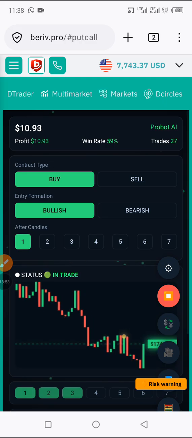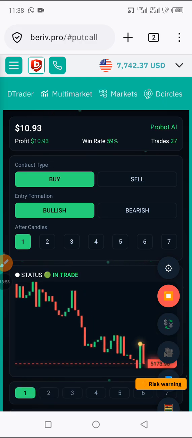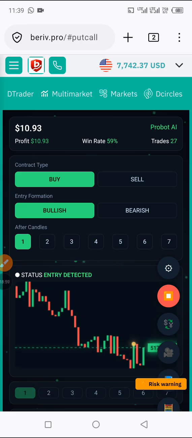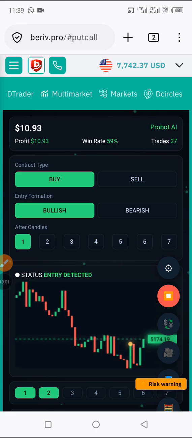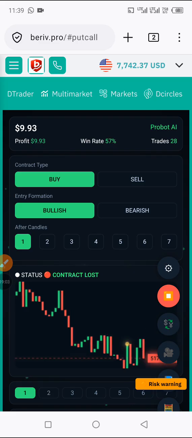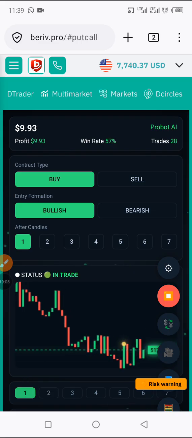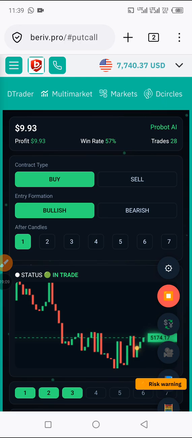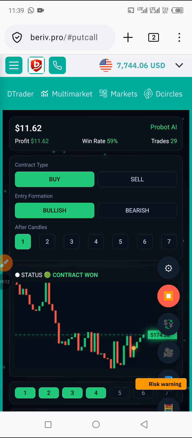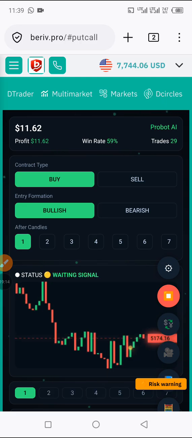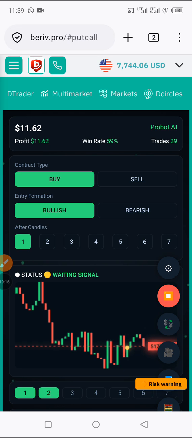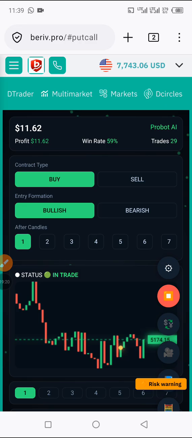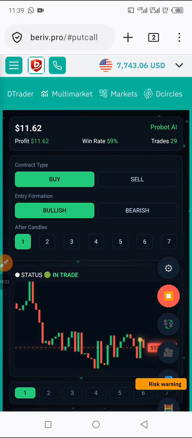Okay, so back to the bot again. I had to run this bot in the background so that I can wait for it to place many trades, so that we can talk about the trading results. As you can see, I reduced the number of candlesticks to one, and also changed the contract type to buy.